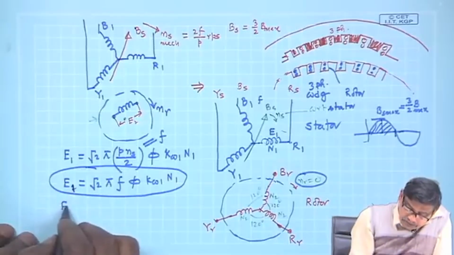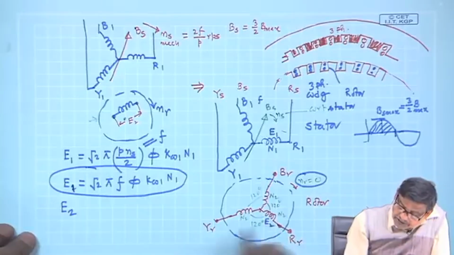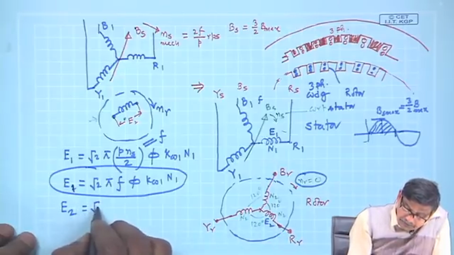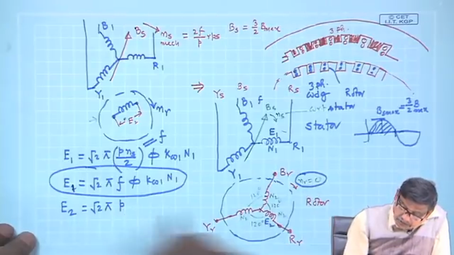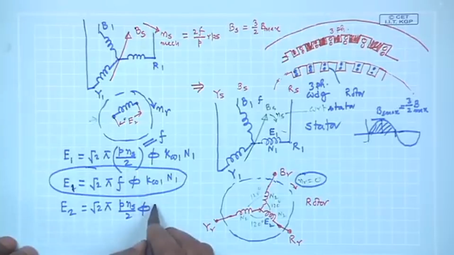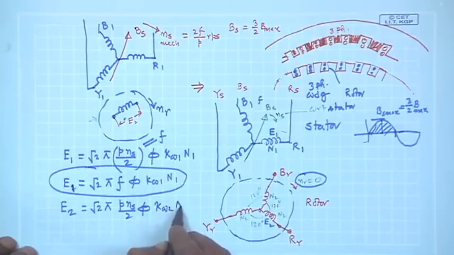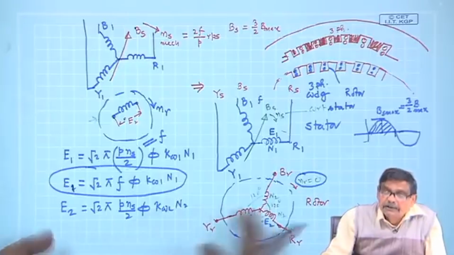Similarly, E2, the RMS value of the per phase voltage, will be √2 π P, since nr equal to 0, P ns by 2, same flux per pole, it has not changed, into kW2 into N2. What is kW1? kW1 is the winding factor of the stator windings, and kW2 is the winding factor of the rotor winding.